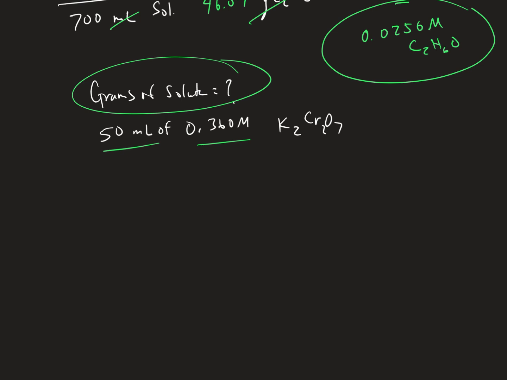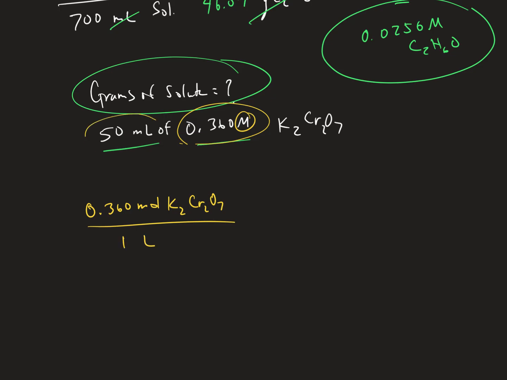Okay. So we're going to change this molarity into what? Moles over liters, right? 0.360 moles of potassium dichromate to 1 liter. Can I use this one yet?